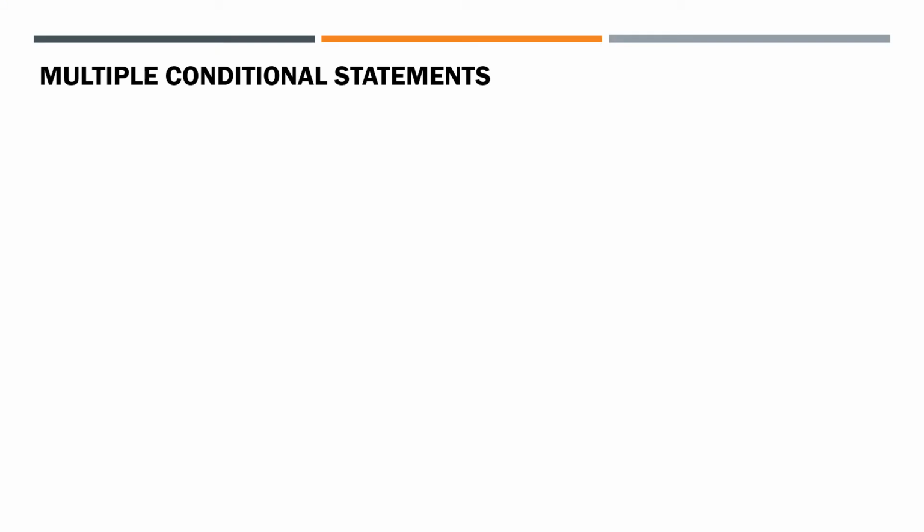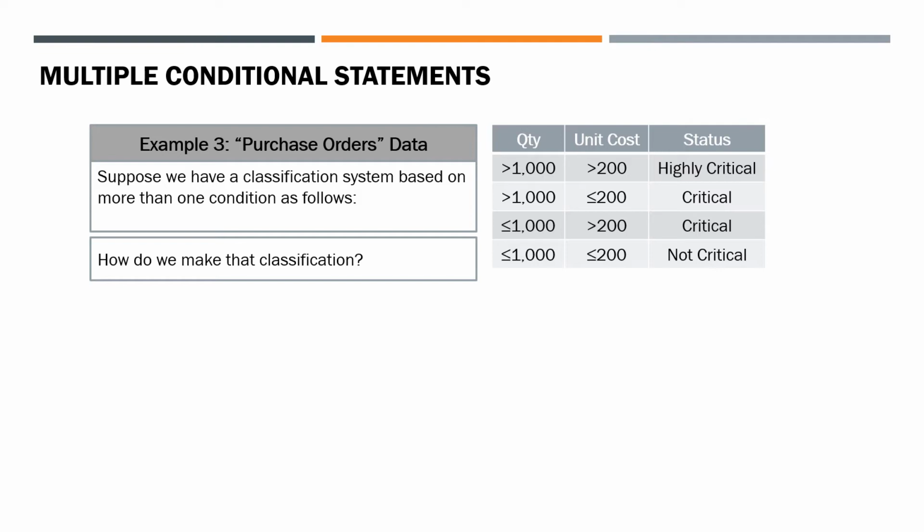And the next one is multiple conditional statements. It occurs when we have multiple conditions that require more than one logical function. For instance, you might require IFS and OR, or IFS and AND, because you have multiple conditions. Here we are going to classify the status of an order based on quantity and unit cost.